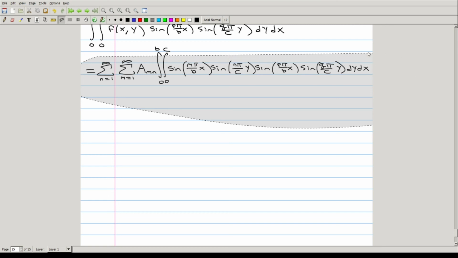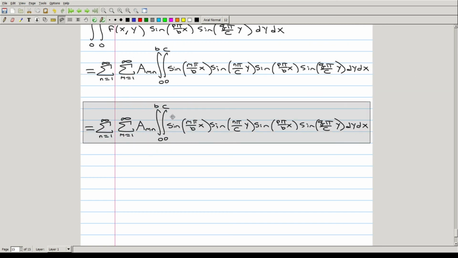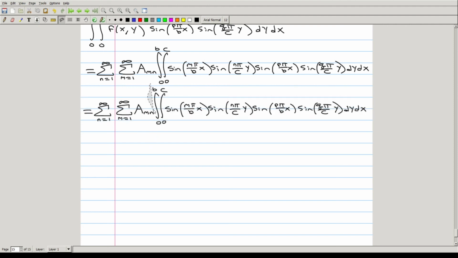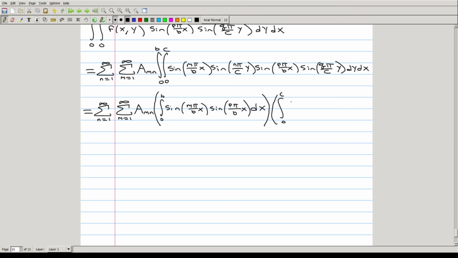Specifically, this integral right here is going to be nothing more than the product of the integral from 0 to b of sine of m pi over b times x sine of p pi over b times x dx multiplied by the integral from 0 to c of sine of n pi over c times y sine of q pi over c times y.